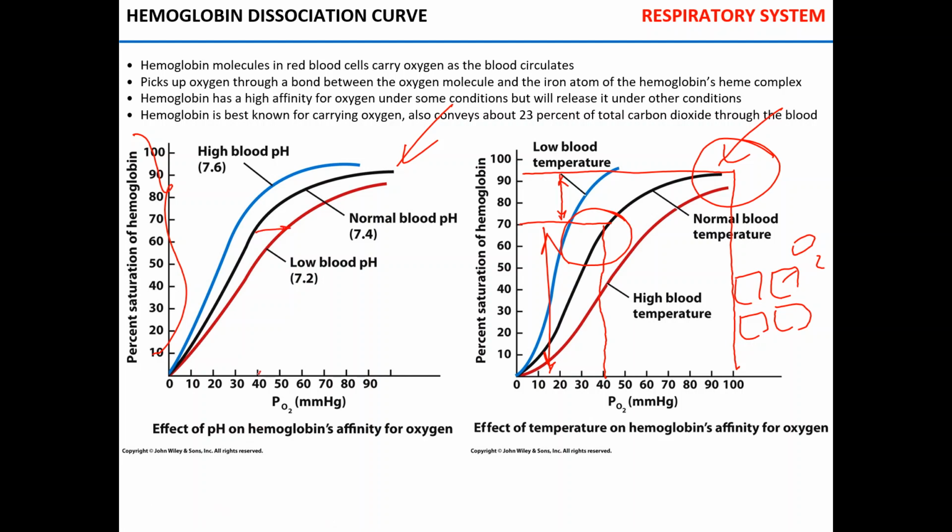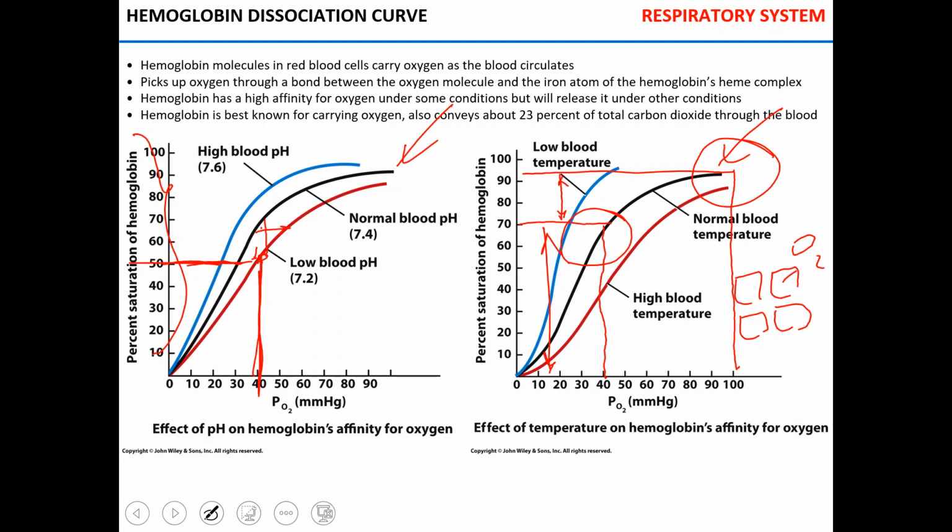And at the same oxygen pressure, let's say 40, saturation decreases, which means that less oxygen is bound to hemoglobin, meaning that there is more oxygen unloading.